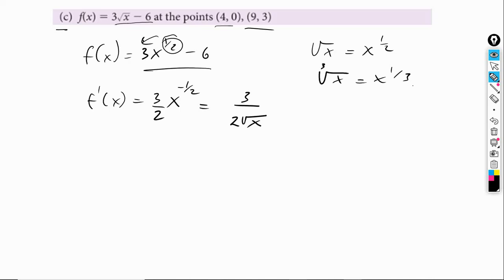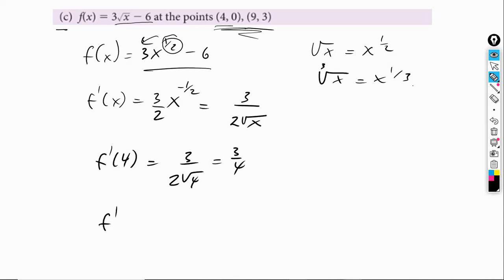Therefore, if I want to test these points to see what the gradient will be, just plug them into the derivative, right? So we have to plug in 4. Plug in 4 into the derivative, and we're going to get 3 over 2 square root of 4, and this will give us 3/4. So that will be the gradient of the line at x equals 4.